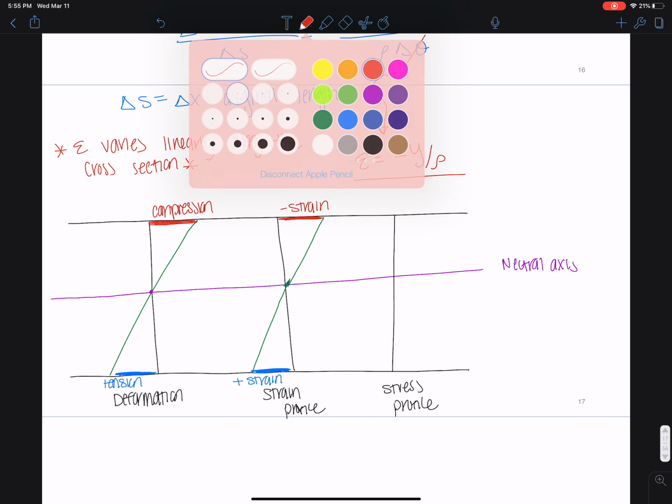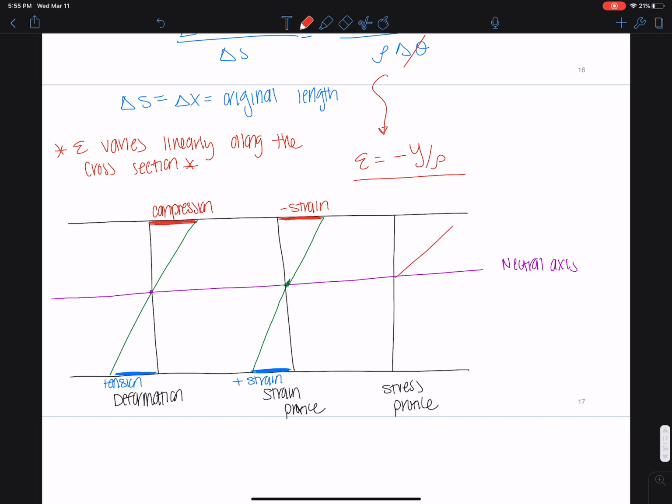Okay, so I have compression at the top, so everything is being pushed this way. This is now sigma max at the very top. And then I have tension. These should be equal. My drawing is a little off, but pulling out. This is sigma max also, and they're equal.